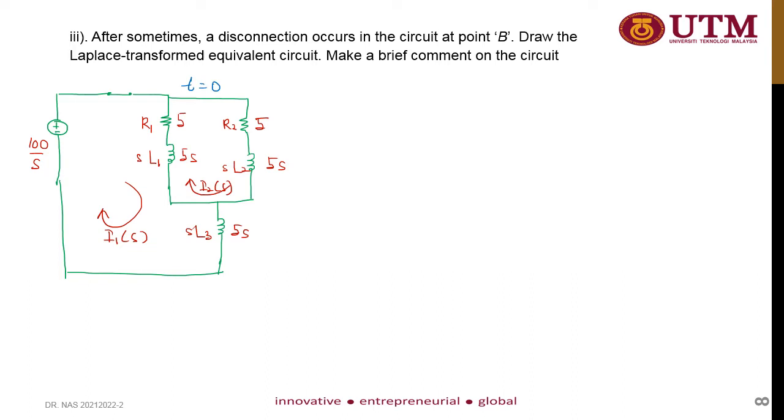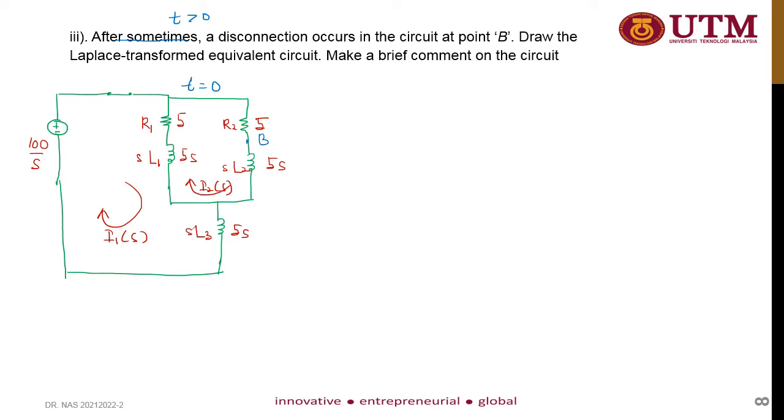Now after some time, meaning at t larger than 0, a disconnection occurs at point B. Point B is somewhere here. Disconnection means the circuit is open at this point. So what happens when there's a disconnection at point B?